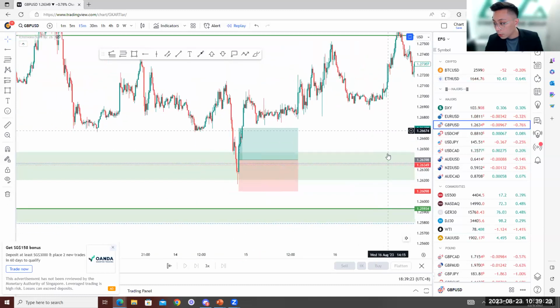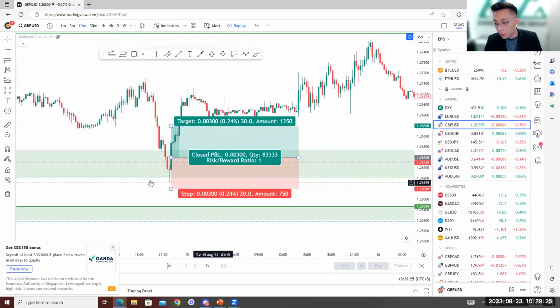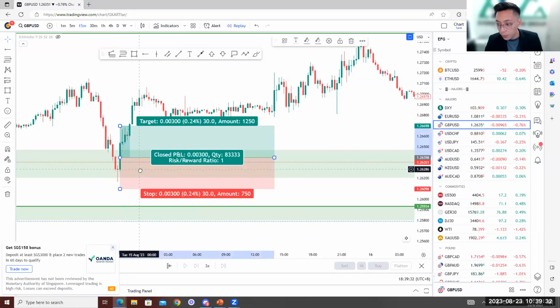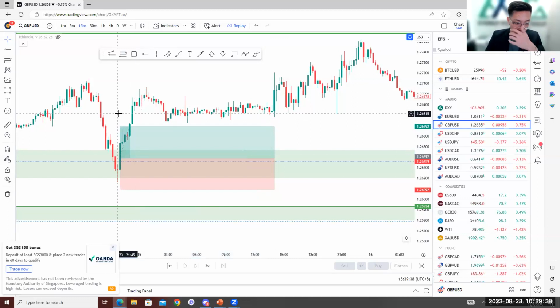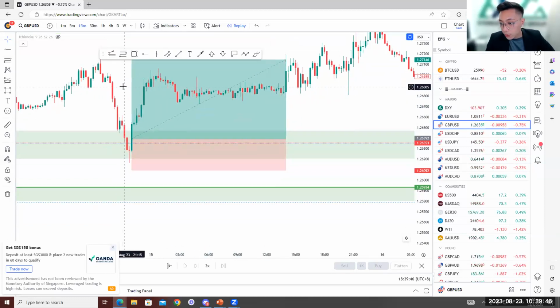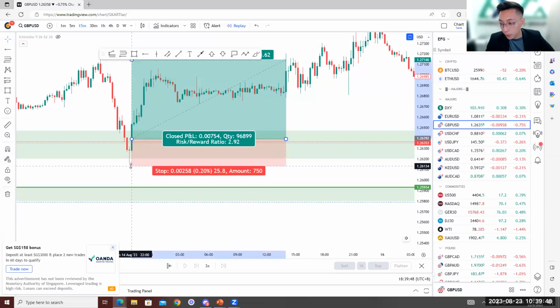So immediately I saw, okay, so it's a doji candle, right? So doji followed by engulfing candle. So once there is this combination of these two candles, there is essentially a 70% hit rate that you work out. Okay, so I will have entered here.